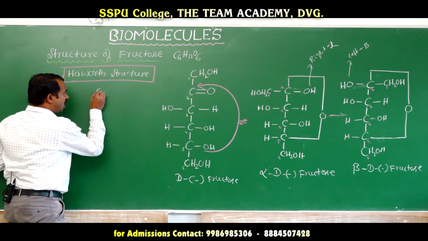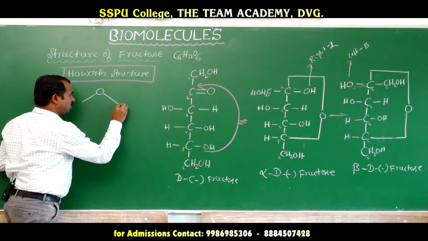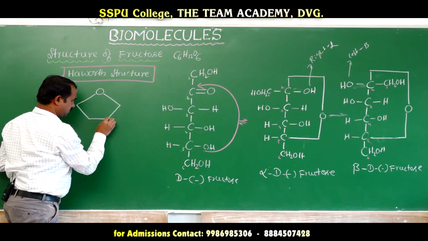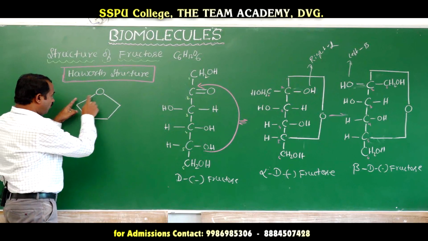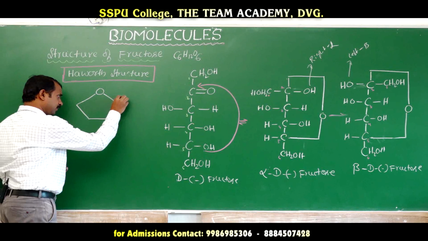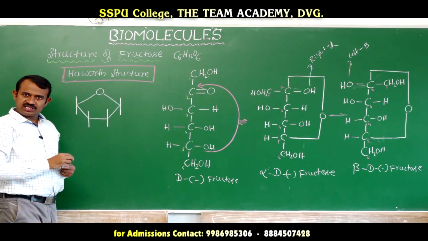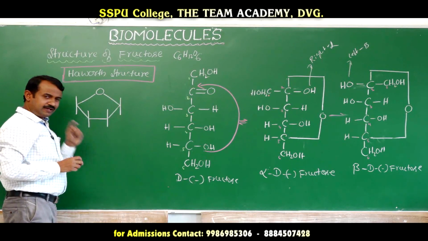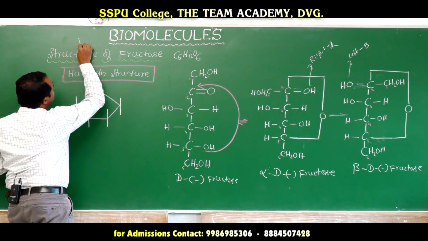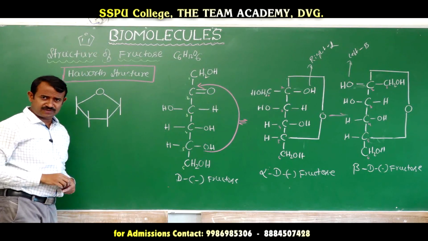The oxygen atom, furan structure, it is the mother structure of furan. Okay, 5-member, 1, 2, 3, 4, 5. Listen carefully. This is a 5-member ring, similar to the furan. This is a furan. Here also the same structure.